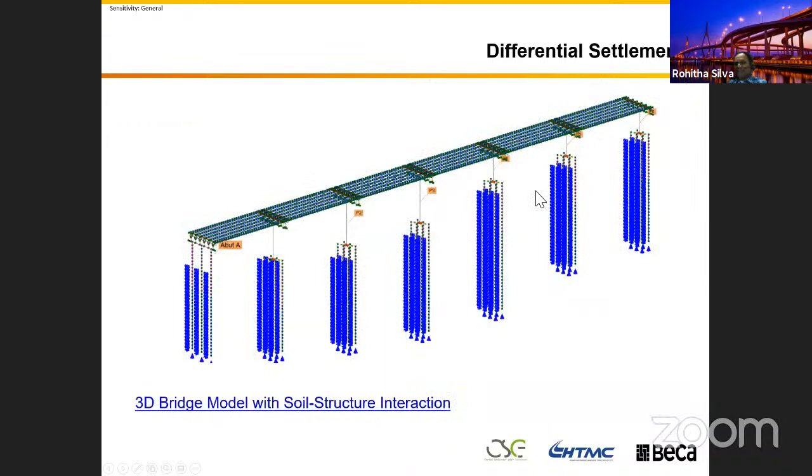Yeah, and you can see this is one of the 3D bridge models. You can see the pile is replaced with a beam and a set of linear springs, and then your footing, your column, and your bridge superstructure. We model everything, and in this one we consult with the geotechnical engineers.